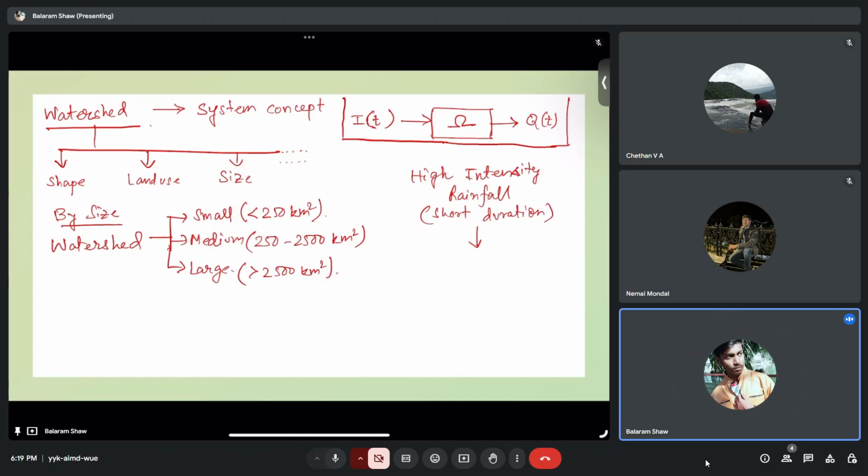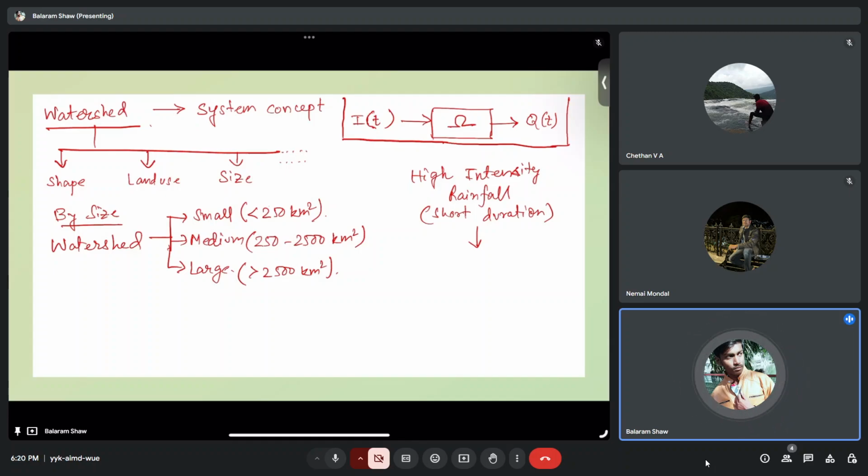Because see, not only in terms of size, but in terms of space or time, in both cases, if you work with a smaller time scale, the watershed having a smaller area, or the watershed with a lesser time scale, will be more complex.